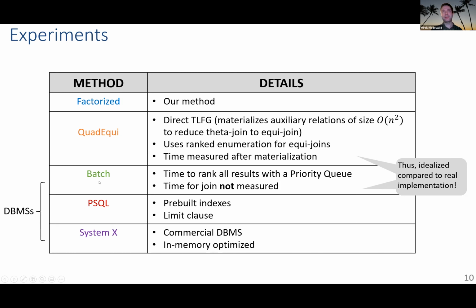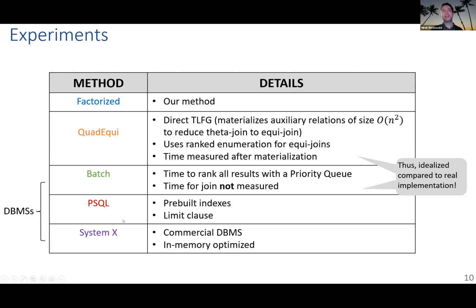Similarly, there's a batch algorithm, which is essentially simulating what the database is doing, but it also gets already for free the time for the join. So essentially all it has to do is just do the right way of arranging and looking at those join results. So both of these are essentially idealized versions of real-world algorithms.